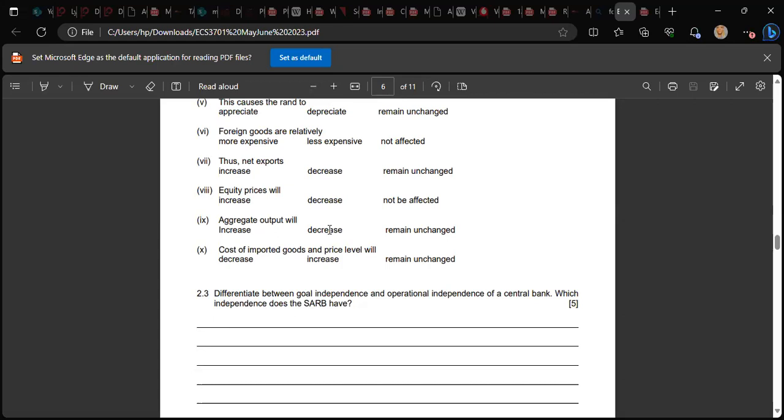And then the cost of imported goods and the price level. What's going to happen now? The trick with this one, again, is to assess what we said about these foreign goods. We said the value of these foreign goods is going to be relatively less expensive, so the cost of imported goods is going to decrease, together with the price level.